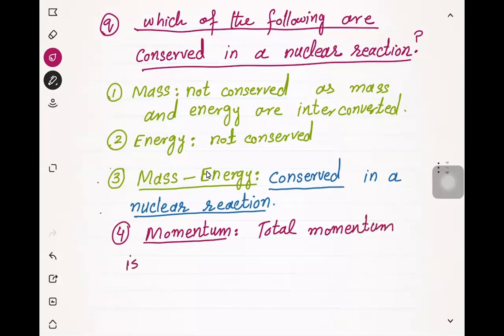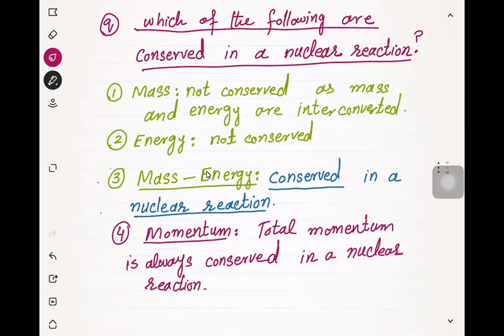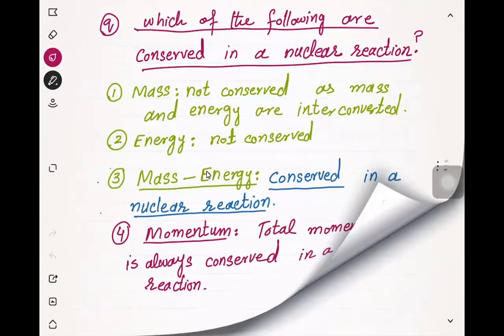Total momentum is always conserved in a nuclear reaction. So the fourth property that is conserved is the momentum. Nuclear reactions are treated to be isolated. So this was number 4.